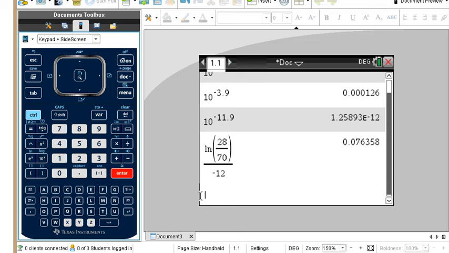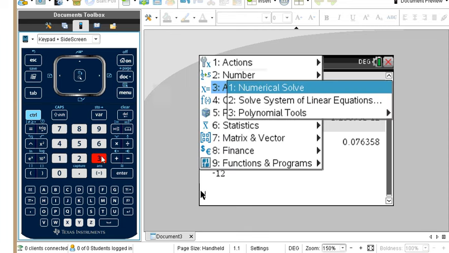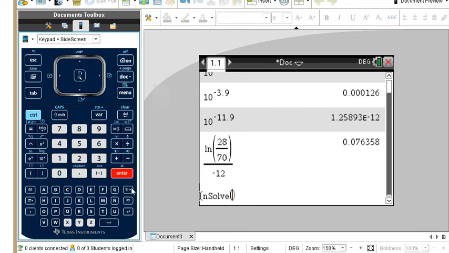Okay, if we go to the calculator to do that, we go to menu, algebra, numerical solve.